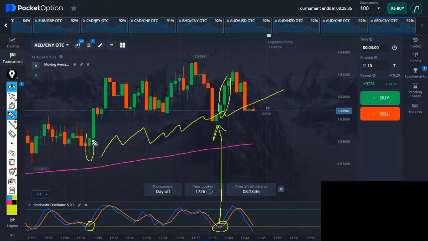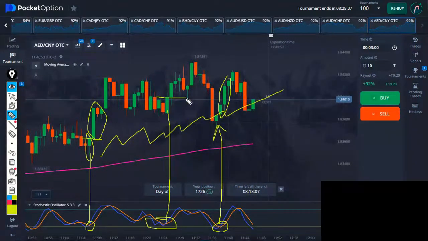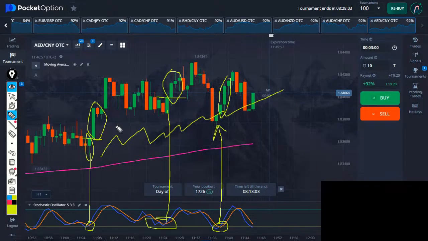This is a beautiful, very powerful bullish candle indicating a push to the upside. So this is where you take your trade at the close of this one. 3 minute position, you have your win. So 2 wins over here. This is a little bit shaky. You take your position over here, 3 minutes, you have your winning trade.